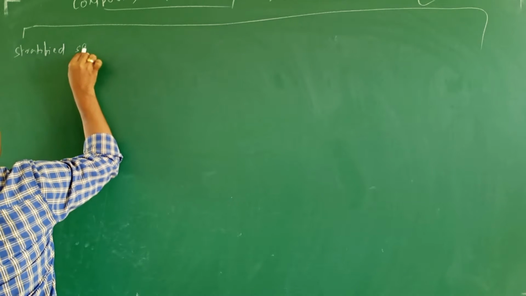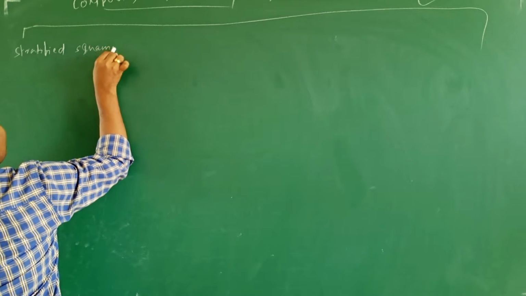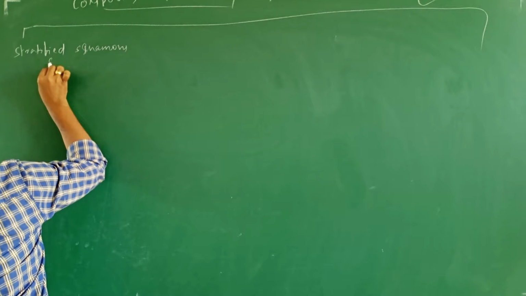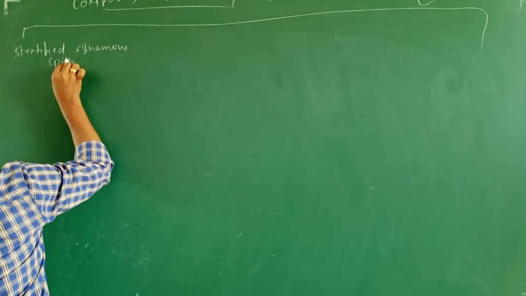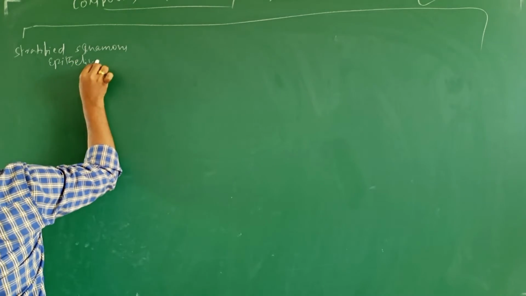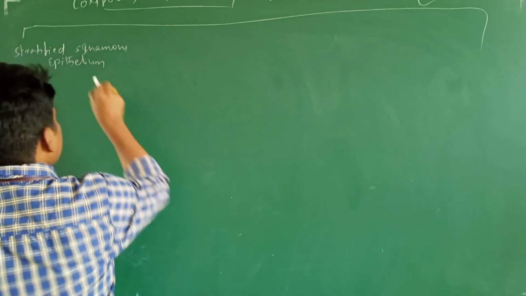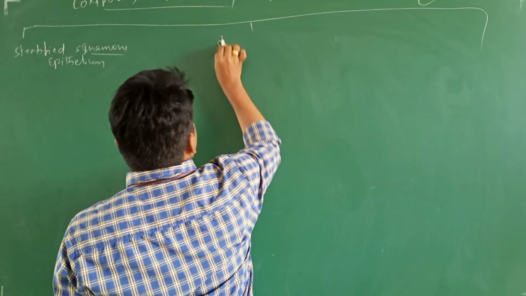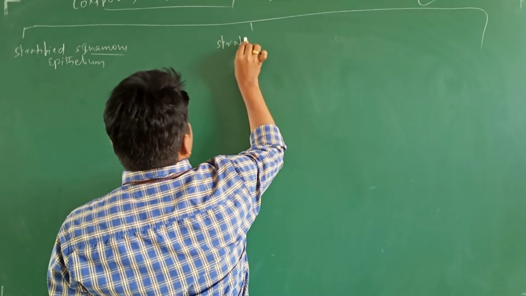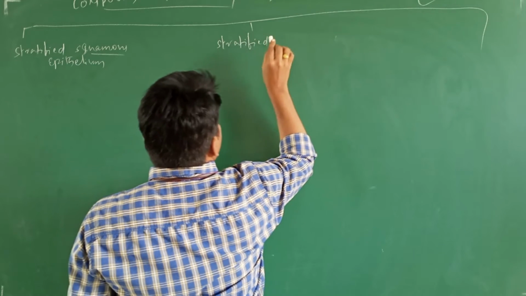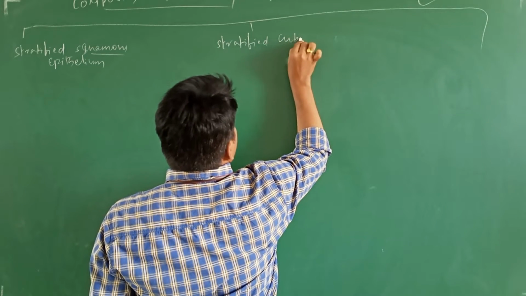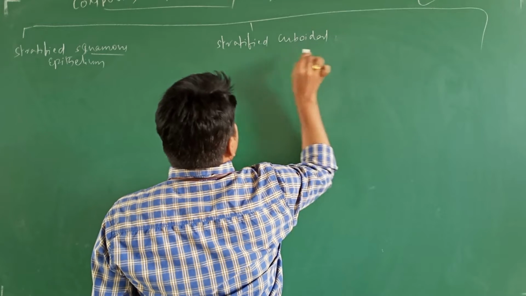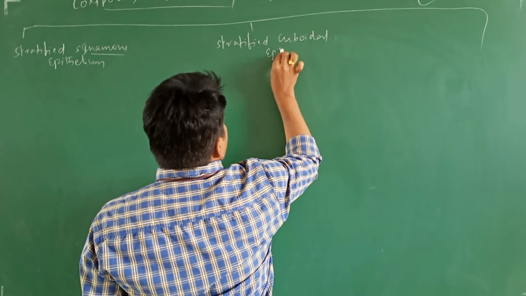Stratified squamous epithelium. Next, this is the squamous or flat cells, you should remember. Next, another one. Stratified cuboidal epithelium.